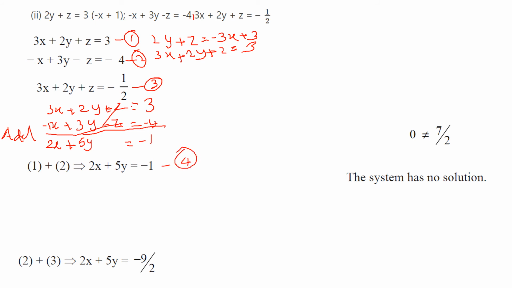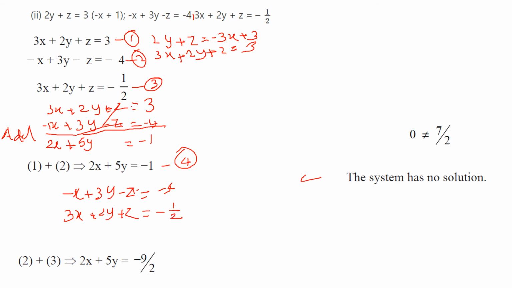Next, compare with the other two equations. So we take minus x plus 3y minus z equal to minus 4, and 3x plus 2y plus z equal to minus 1 by 2.